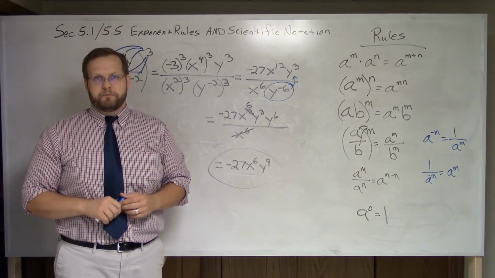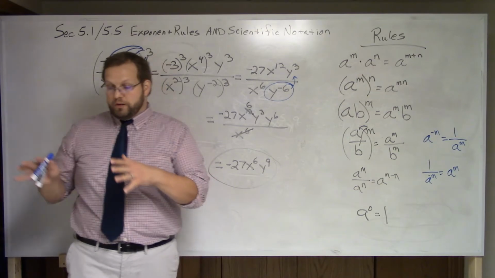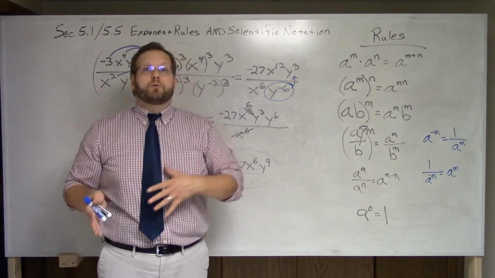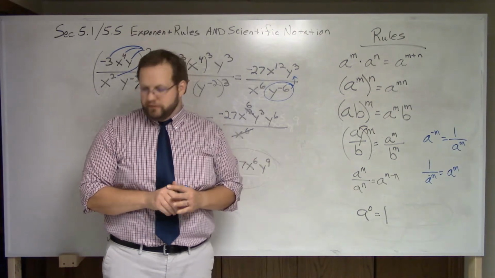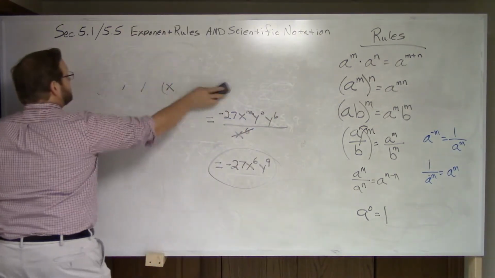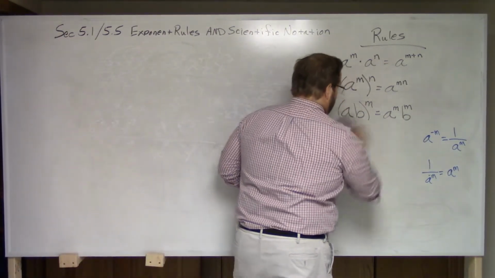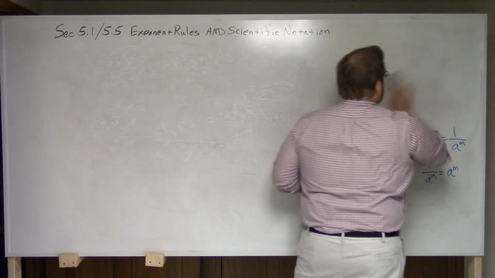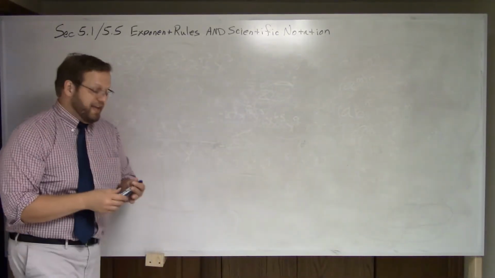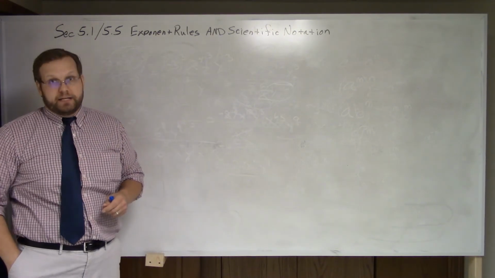Just trust yourself. Okay? Now, the last bit of this discussion I want to throw in here is scientific notation. Let's define it first, and then we're going to do a couple quick calculations with it. Now, whenever you hear of any kind of notation, all that is a way of writing something.